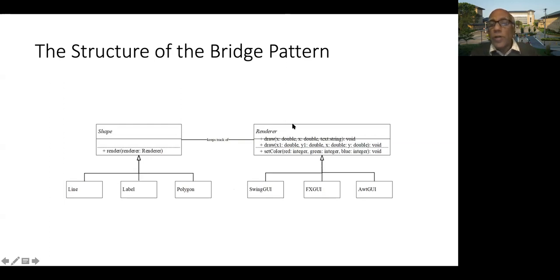So what we are going to have is an abstract class here called a renderer, which can draw very basic things. For example, it has a method called draw to draw a piece of text at a specific point, or it can draw a line from one point to another, or it can set the color with different red, green, blue values.